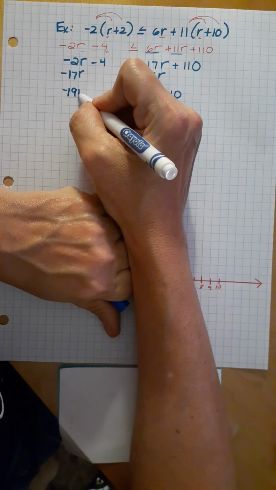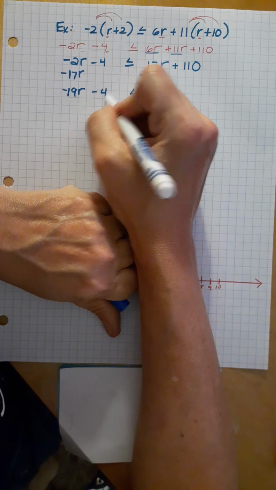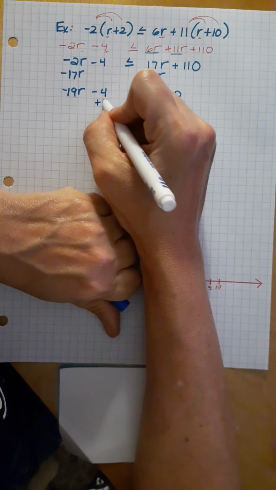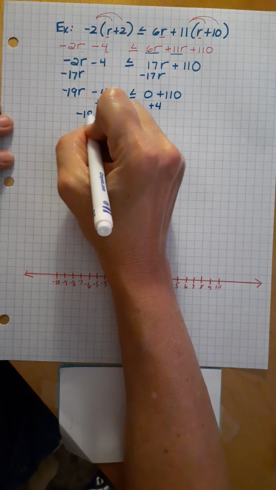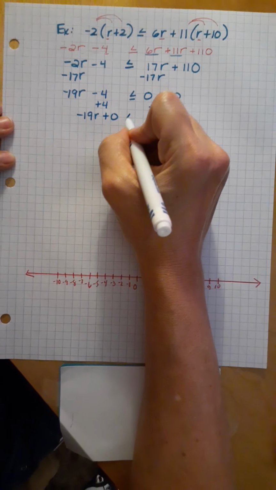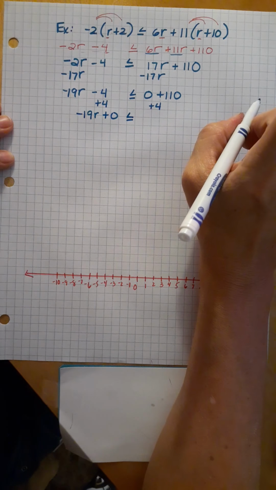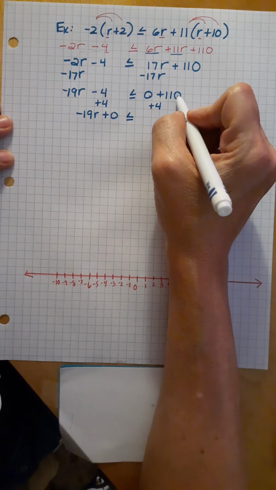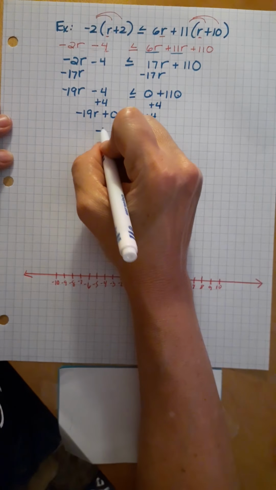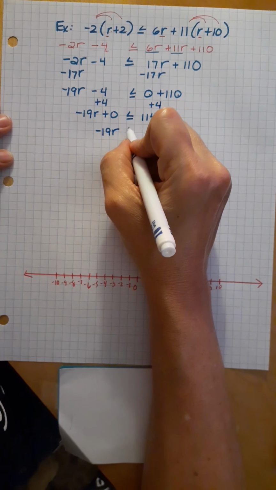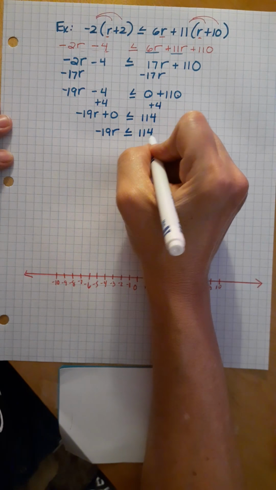I owe 19. Negative 19r minus 4. I'm going to add 4 to both sides. Negative 19r plus 0, less than. I haven't flipped anything because I haven't multiplied or divided anything. 0 plus 110 plus 4 is 114. Negative 19r less than or equal to 114.